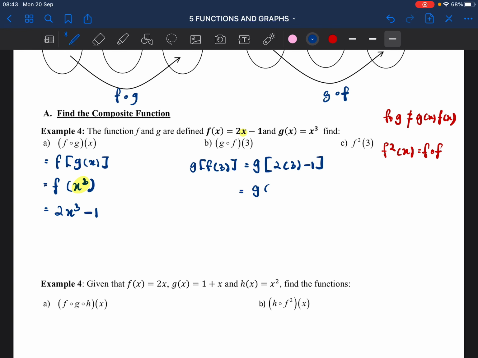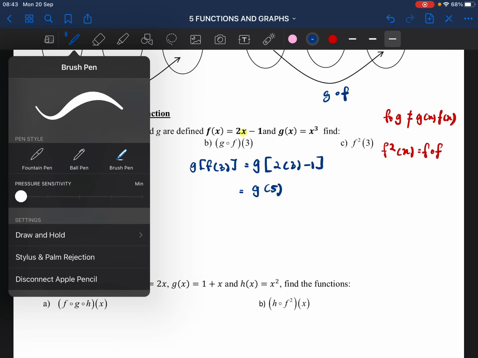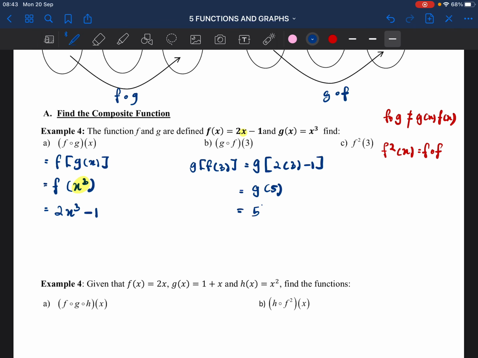So we will have g(5). So g(5) means this is your x, so just substitute x into our function of g. So that will be 5 cubed, equals 125.